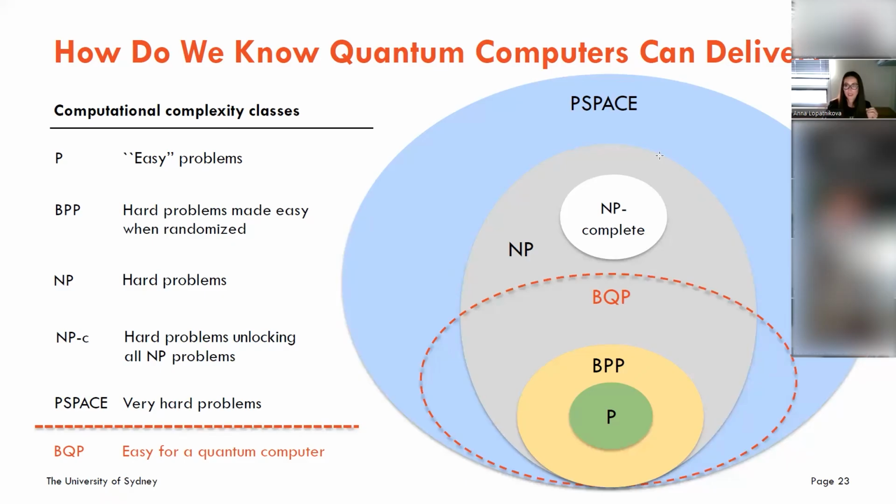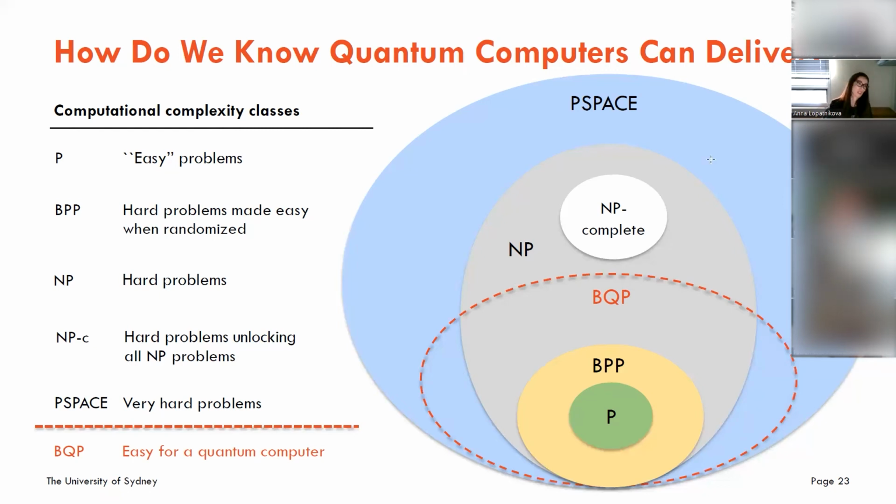Theoretical computer scientists have shown that quantum computers most likely cannot solve NP-complete problems. So unfortunately, we do not have a magic bullet to solve all NP-hard problems. We can solve some NP-hard problems with a quantum computer, and actually, we know that we can. There are some problems that have been demonstrated to be NP-hard and solvable by a quantum computer. But we cannot solve the NP-complete problems. Now, there are also problems that are even harder than NP-hard.